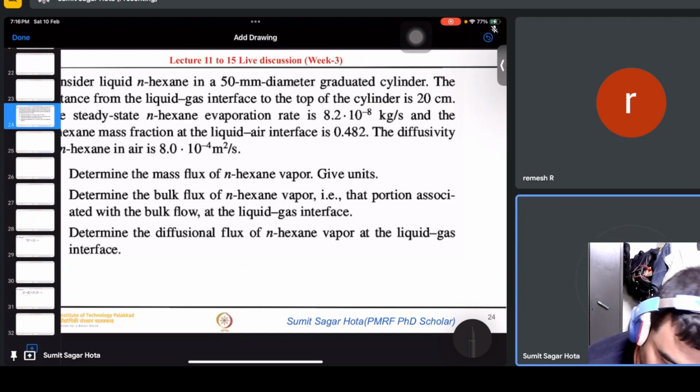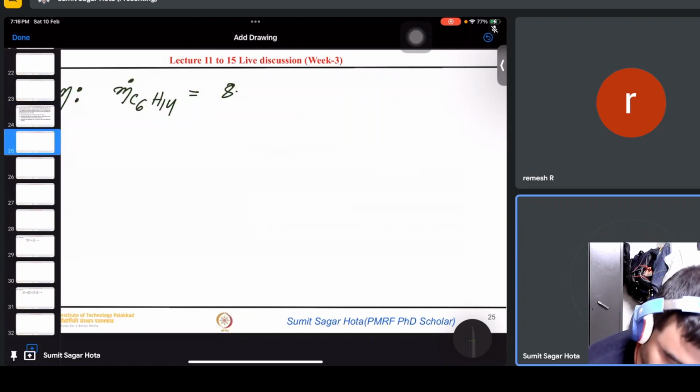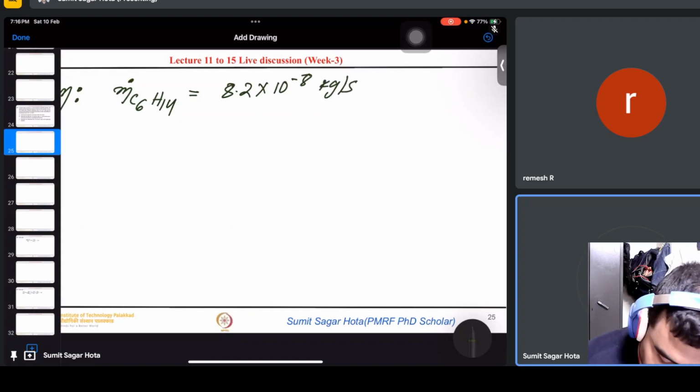How much hexane will evaporate? That we represent as M dot. So M dot of C6H14 is 8.2 into 10 to the power minus 8 kg per second.